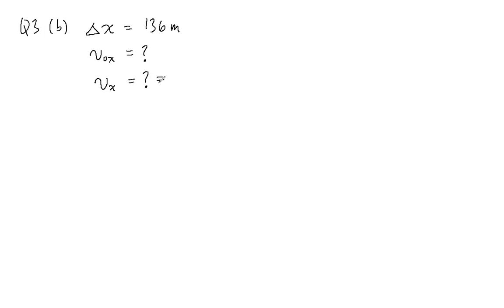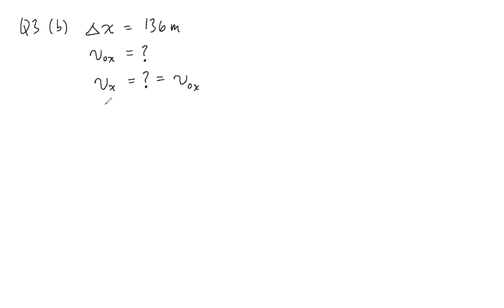But we do know that the horizontal motion, once that bullet's in motion, is unaffected by gravity. Gravity only pulls things down, it doesn't pull things sideways. So if it starts out with a certain amount of speed along x, it has to finish with that same amount of speed along x. So this is going to be equal to whatever the speed along x was that you started with. But that's what we're going to solve for.